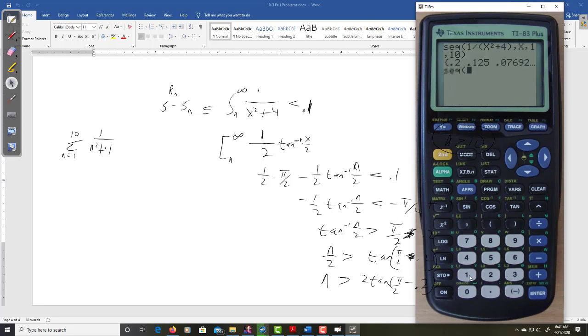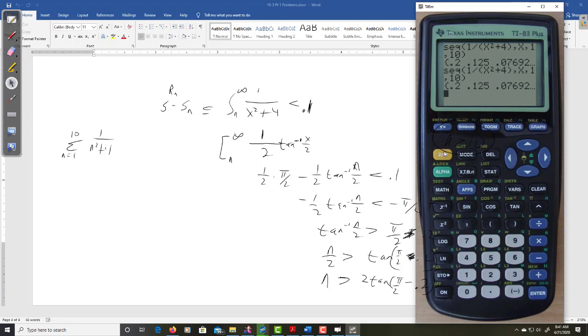You have to tell it your formula, so 1 divided by x squared plus 4, what the variable in your formula is, which is x, your starting place, which is 1, and your ending index, which is 10. So that generates the sequence. You see the first one would be 0.2 because it would be 1 over 5. And then you want to take the sum of that.